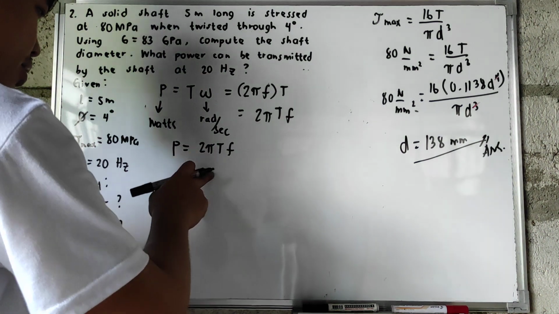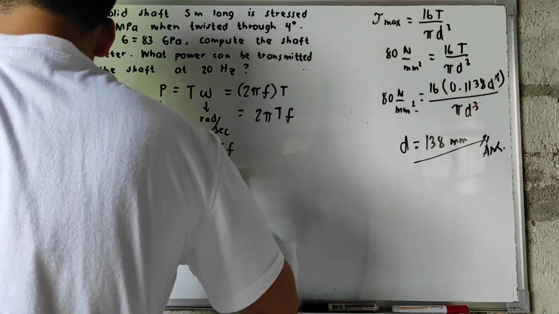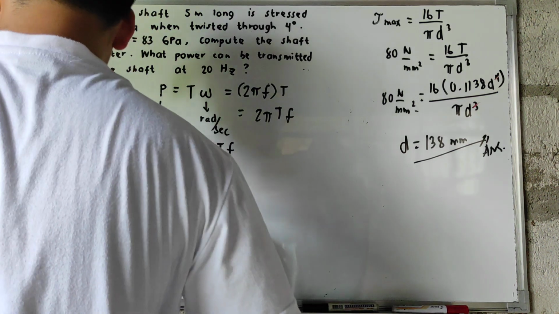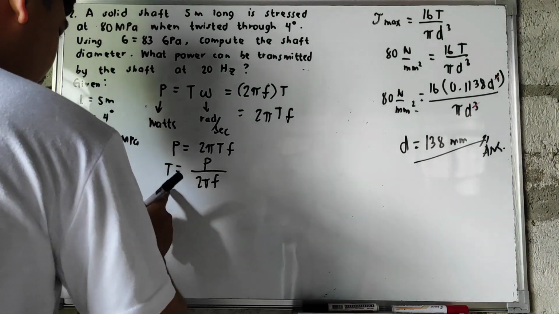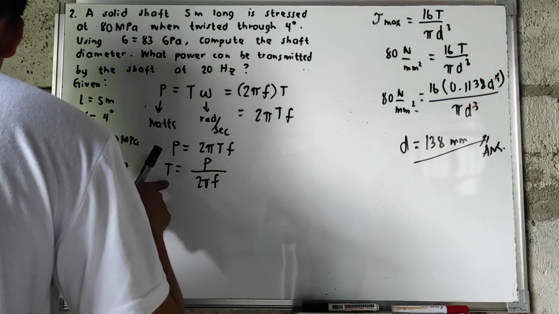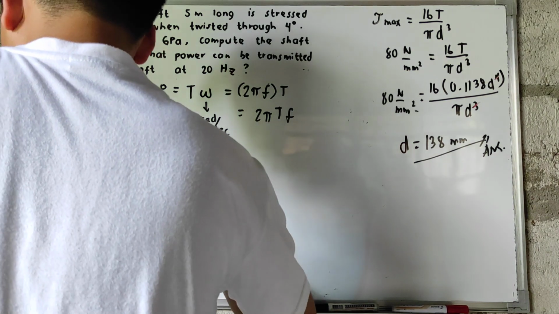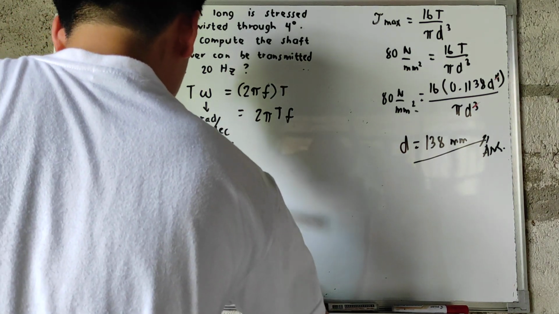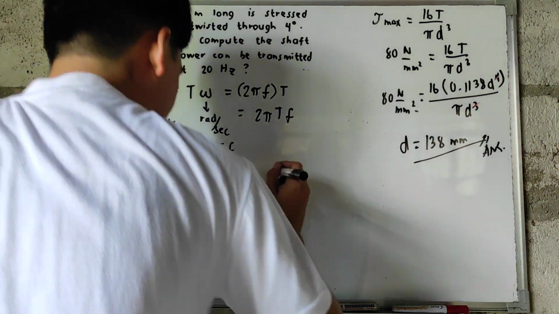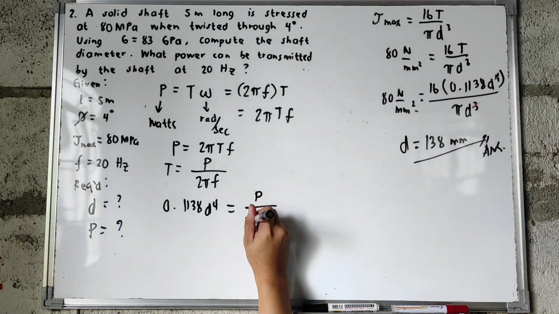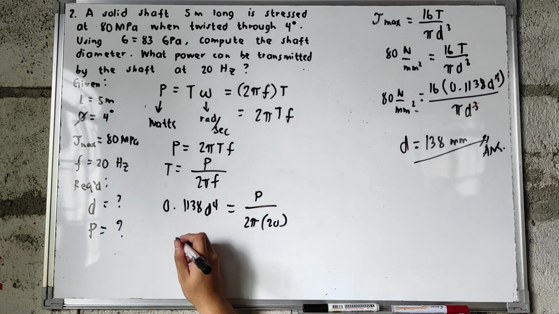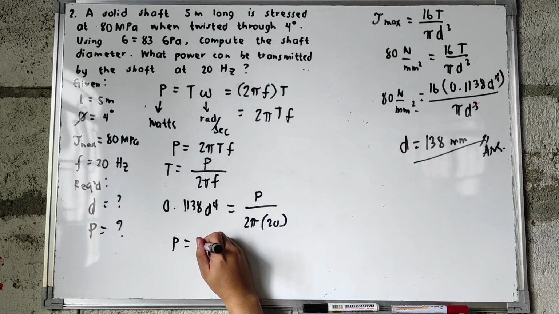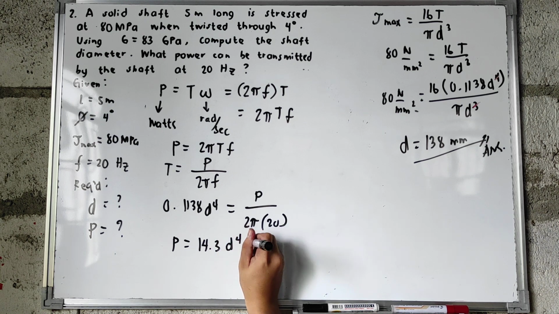In terms of torque, T is equals to P all over 2 pi F. So the value of our T, 0.1138 D raised to the fourth, is equal to P all over 2 pi times the hertz, or revolutions per second, which is 20. So the value of your P in terms of D is equal to 14.3 D raised to the fourth.